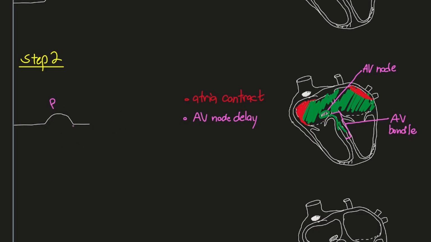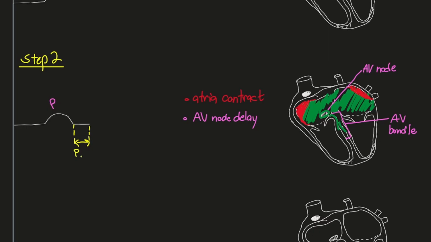And then right here, the area right after our P wave is our PR segment, which should not be confused with our PR interval, which starts at the beginning of our P wave and ends at the start of our QRS complex. Our PR segment is between the end of our P wave and the start of our Q wave.